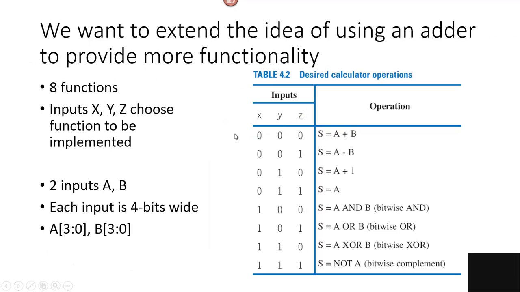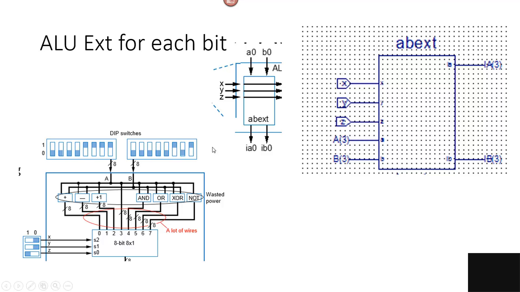All right, let's talk about what's inside of the extender. We know that the extender has to handle all 8 functions. Taking a look at each of these functions, notice that 0, 0, 0 is an arithmetic function, A plus B. 0, 0, 1 is an arithmetic function, A minus B, and so forth. Here we have our extender.